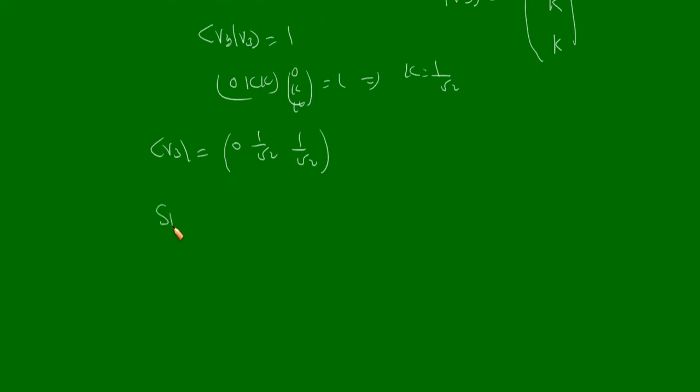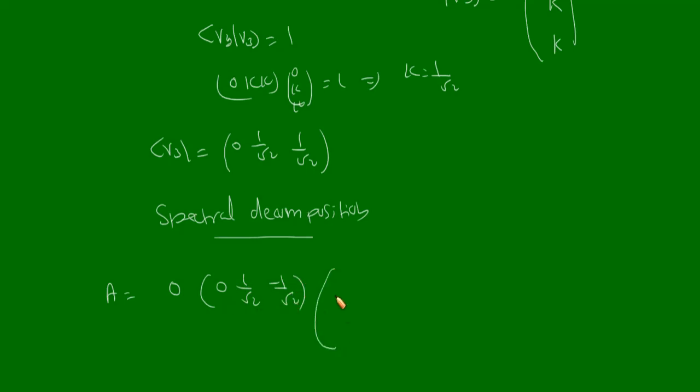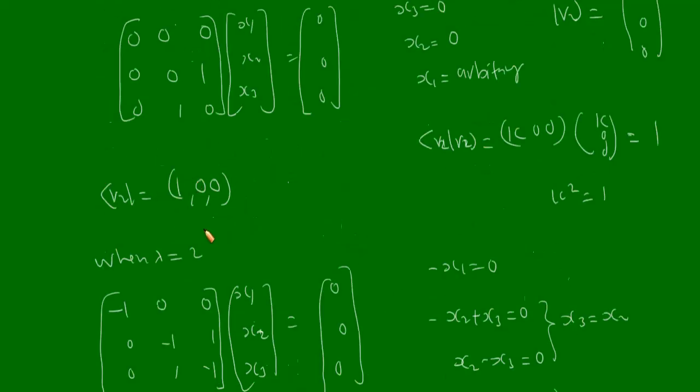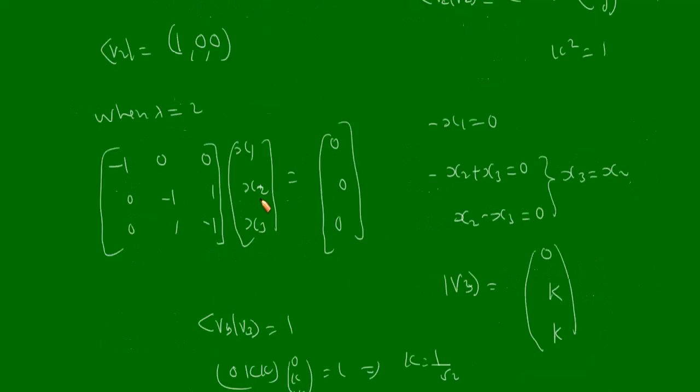Now let us consider the corresponding spectral decomposition. So A will be equal to the first eigenvalue 0 into the corresponding eigenvector 0, 1 by root 2, minus 1 by root 2, into 0, 1 by root 2, minus 1 by root 2, plus the next eigenvalue. The second eigenvalue was 1 and the eigenvector was 1, 0, 0.